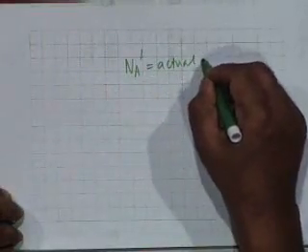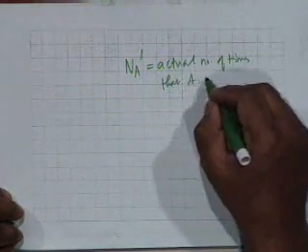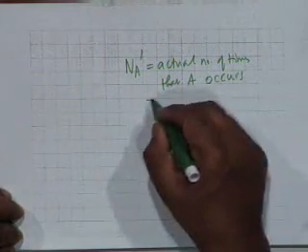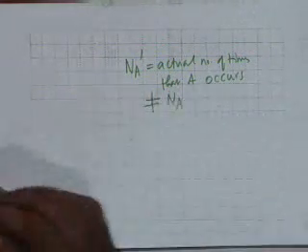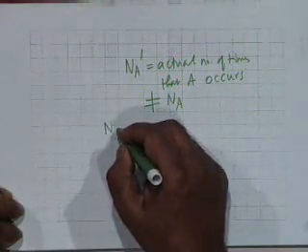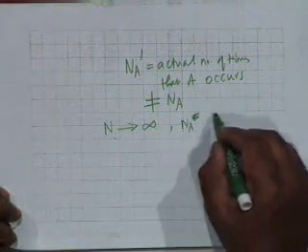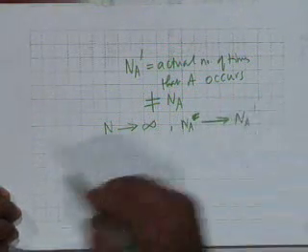Now, the actual number of times N_A prime, equal to the actual number of times that A occurs, is not necessarily equal to N_A. However, it is known that if N tends to infinity, that is if the number of experiments tends to infinity, if it is very large, then N_A tends to N_A prime.